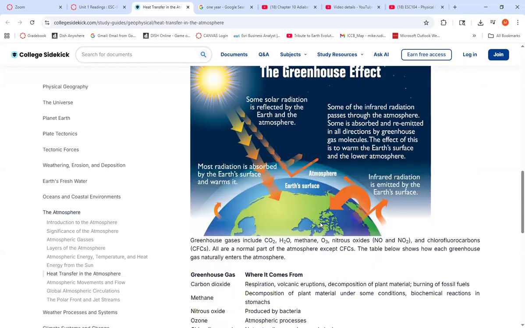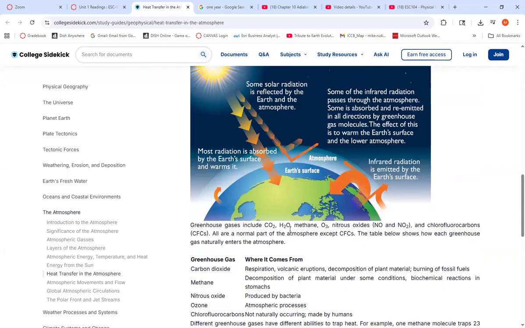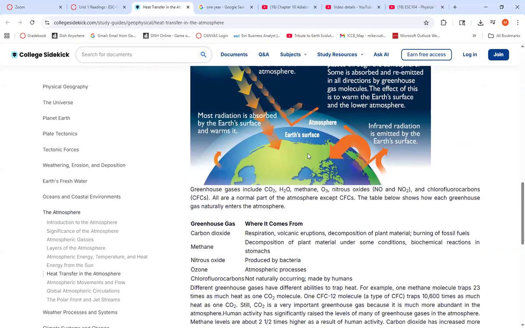This is what creates the greenhouse effect, and certain gases are trapping the energy that the Earth absorbs in shortwave. The Earth re-radiates long-wave, and the amount of shortwave in is balanced by the long wave going out.